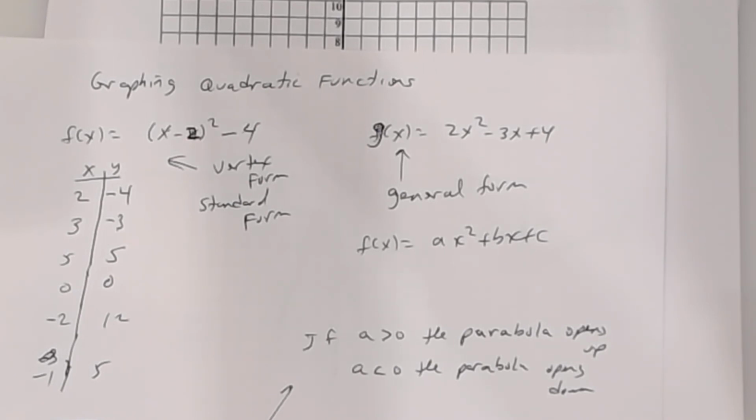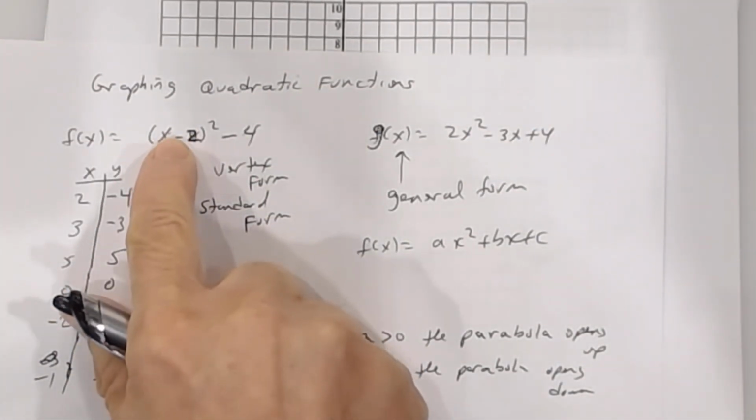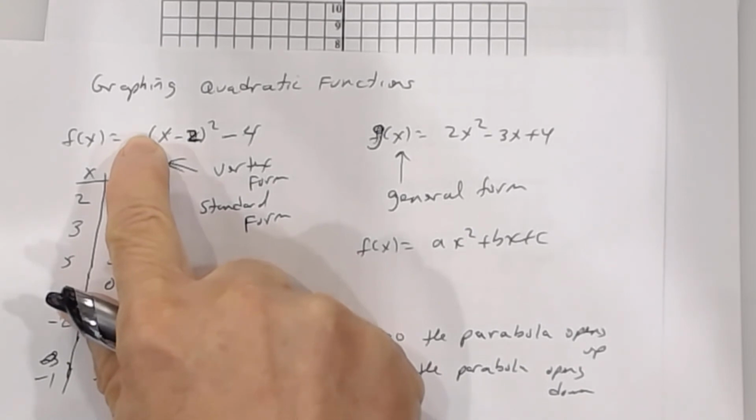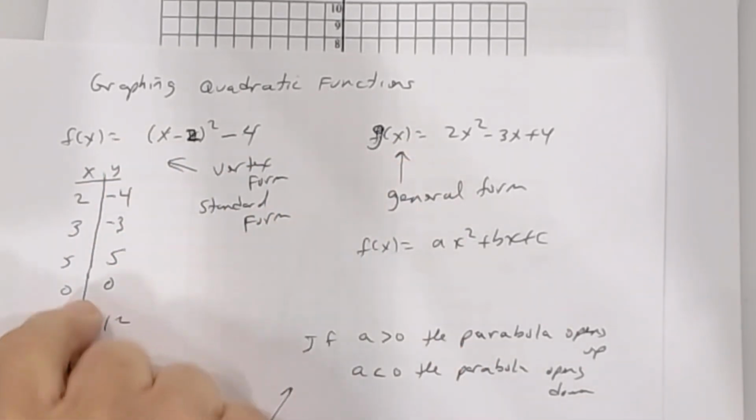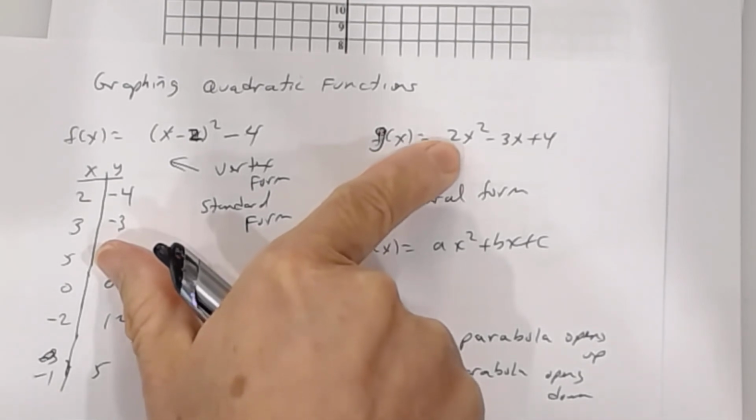And what is a in this case? 2. So it's going to open up. So that you can still determine right away whether it opens up or down. Remember, if I were to FOIL this out, wouldn't I get x squared times this 1 right here? Same idea here. This is a, this is a.